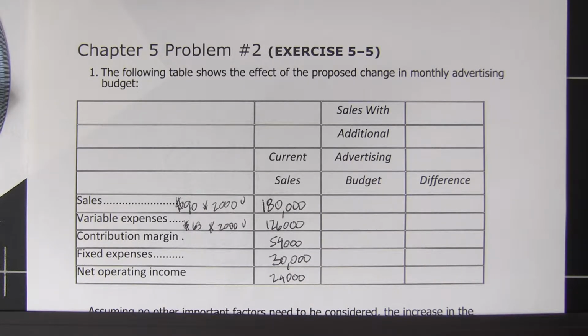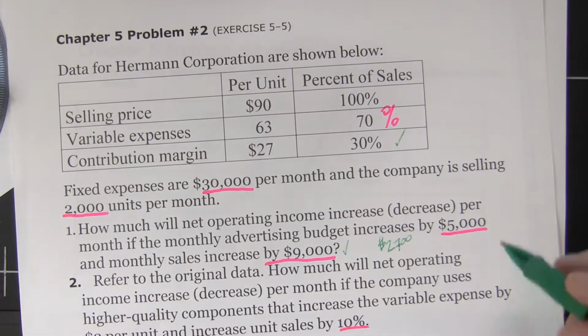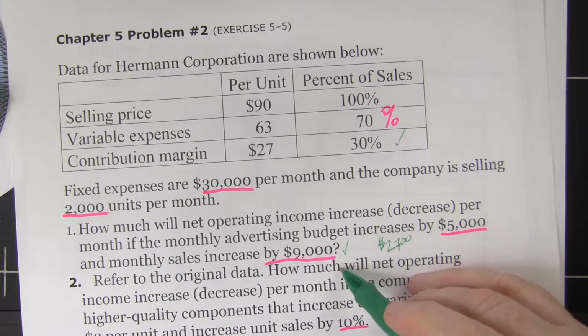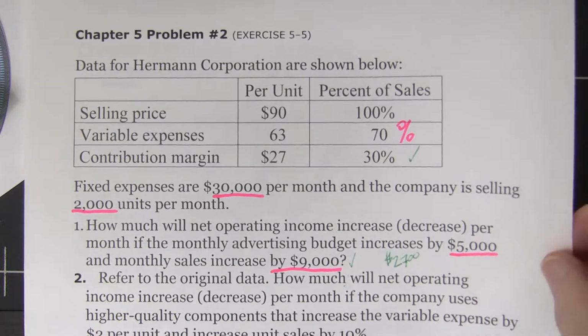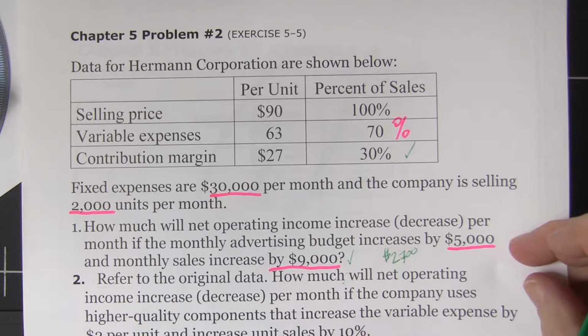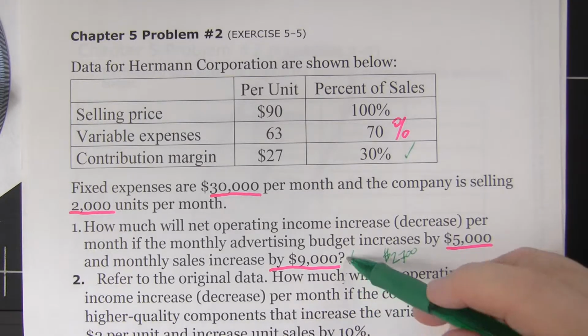Now let's suppose we go ahead with this boneheaded idea from the folks in advertising and increase our sales by $9,000, because that's what they told us. We're going to spend $5,000 and increase our sales by $9,000. So if we increase our sales by $9,000, that means we're going to sell 10% more units.